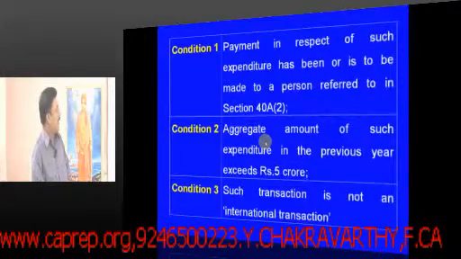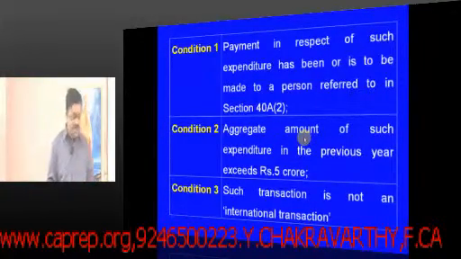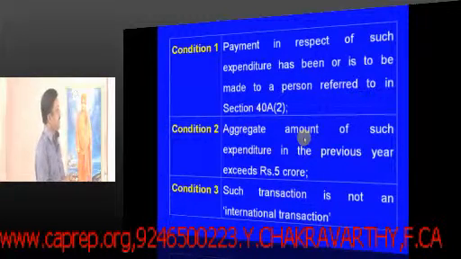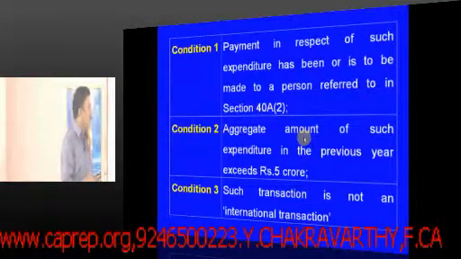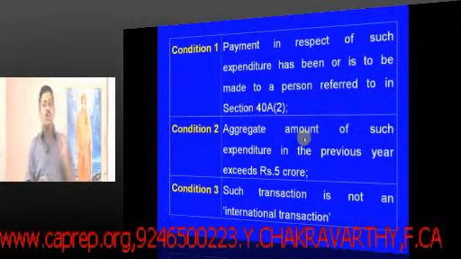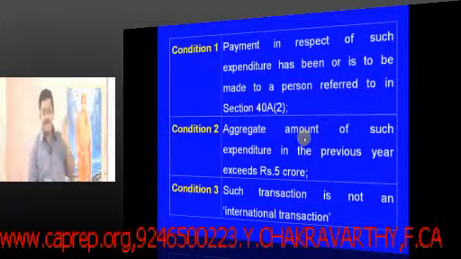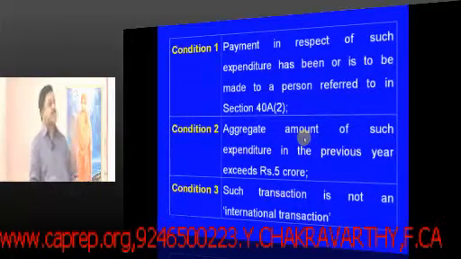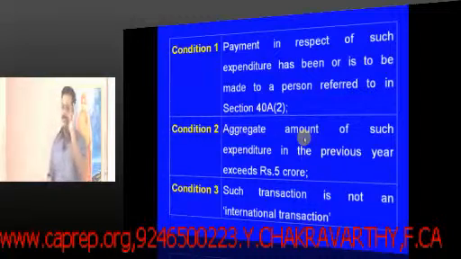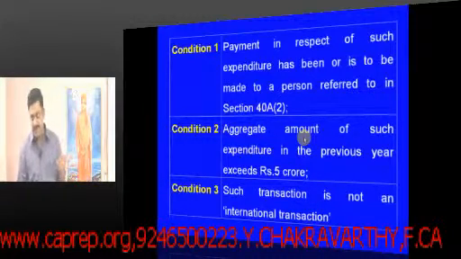Just have a look. The first condition is that payment in respect of such expenditure has been or is to be made to a person referred to in section 40A2. First, to call a particular transaction a specific domestic transaction, it must involve payment to a related party. That is the first condition.